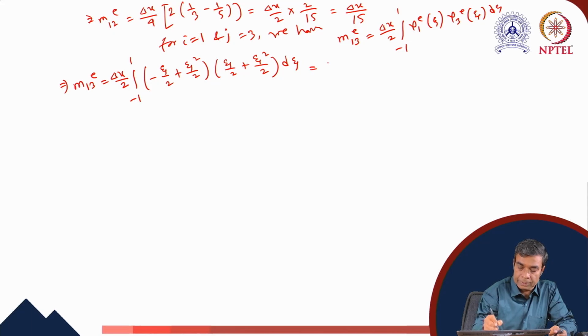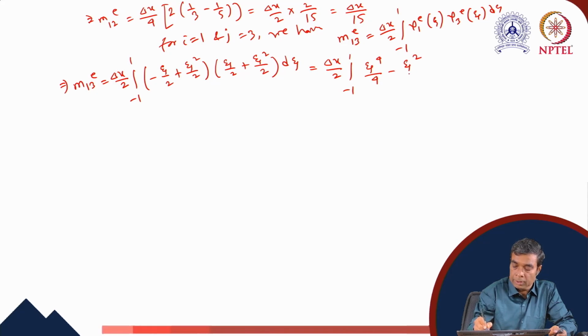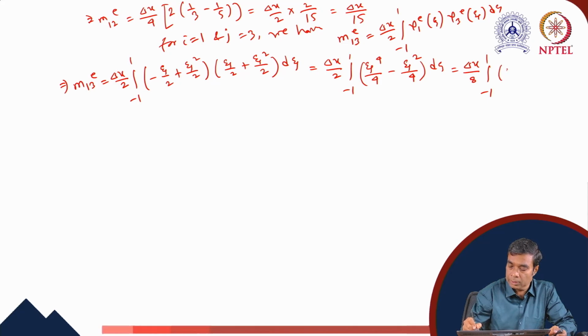This gives us Δx by 2 integration from minus 1 to 1. So this is ξ to the power 4 by 4 minus ξ square by 4 dξ. This is Δx by 8 integration from minus 1 to 1 of ξ to the power 4 minus ξ square dξ.